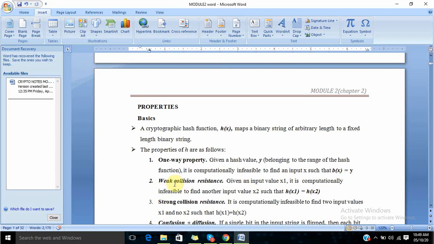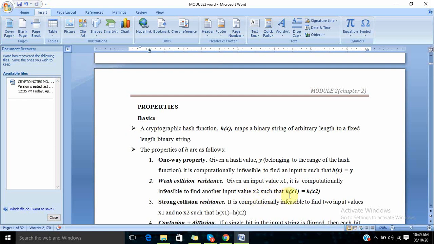Next is weak collision resistance. Here, students, we already have an input value x1. Even if x1 is given, it is computationally infeasible, meaning very difficult, to find another value x2 which gives the same hash value.